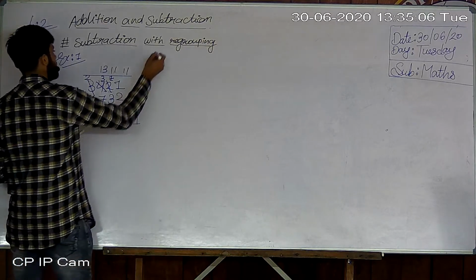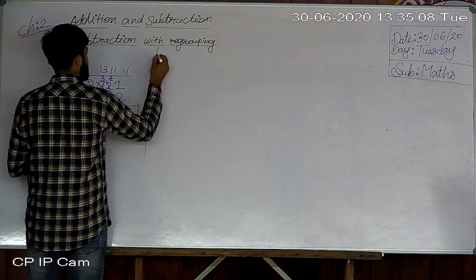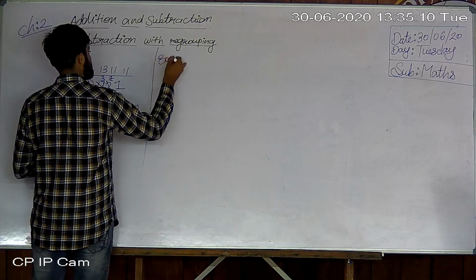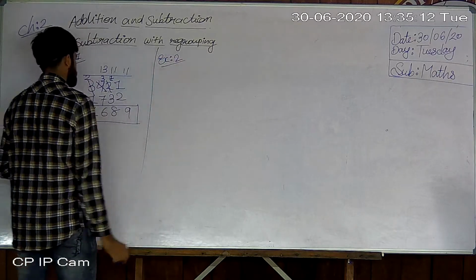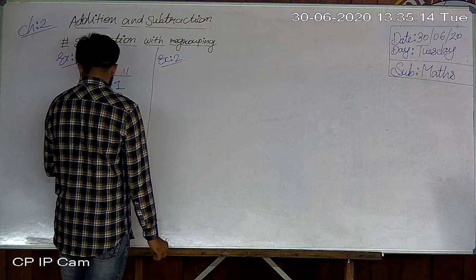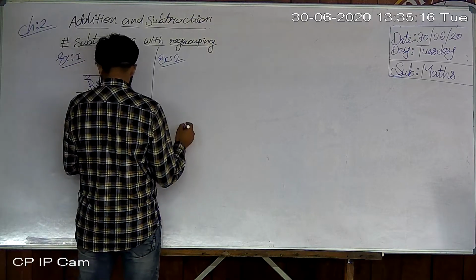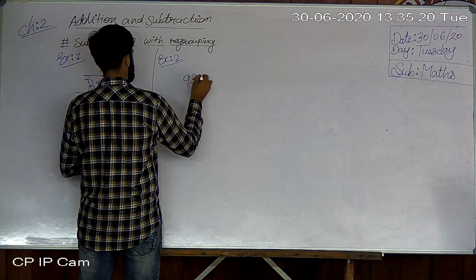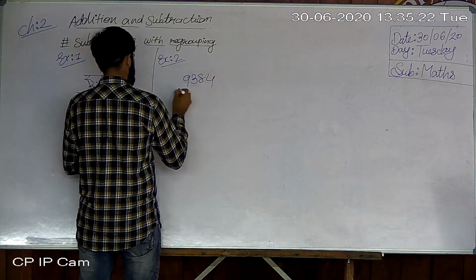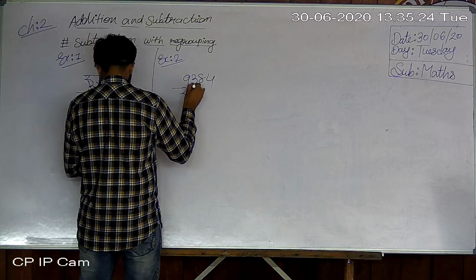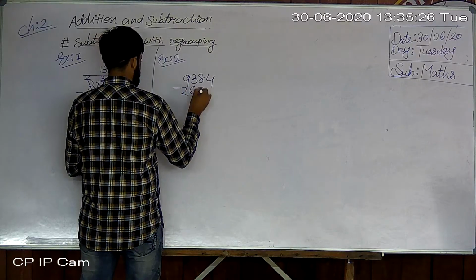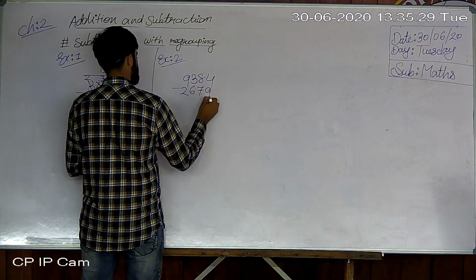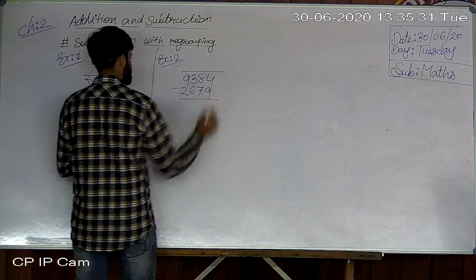And I am taking one more example. Second example: 9384 minus 2679.